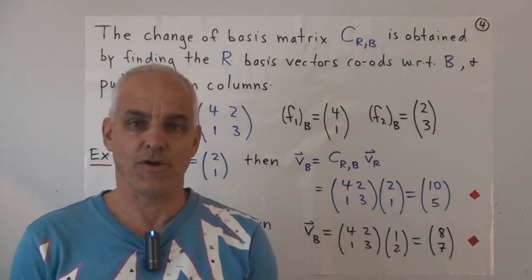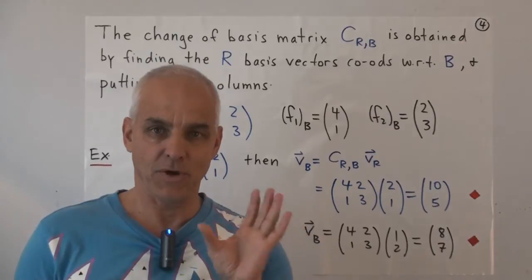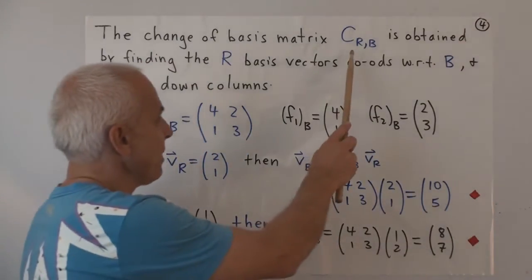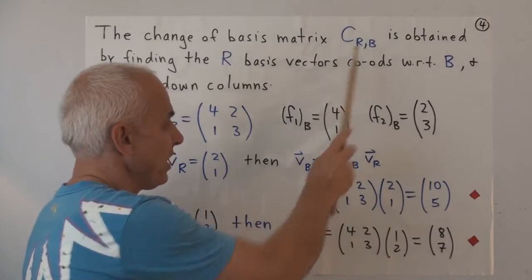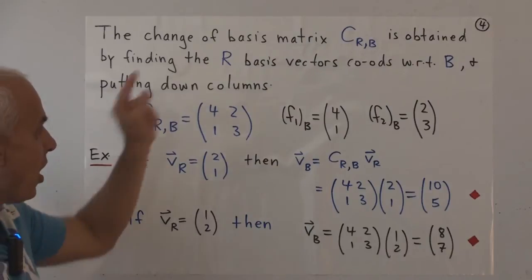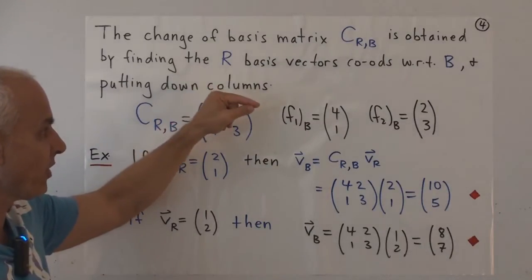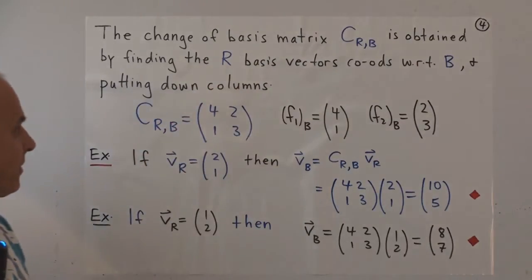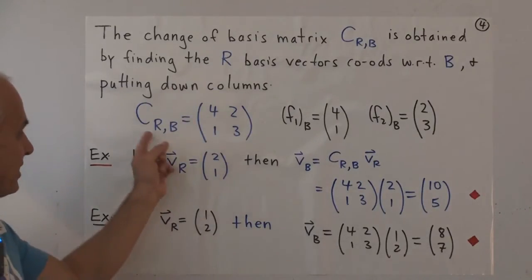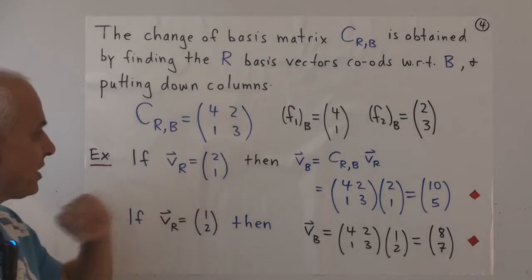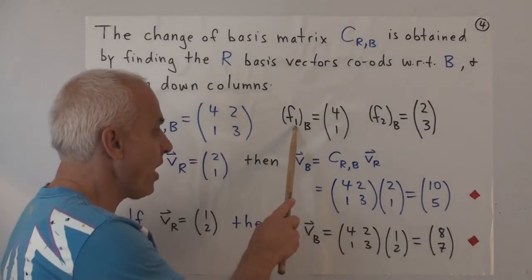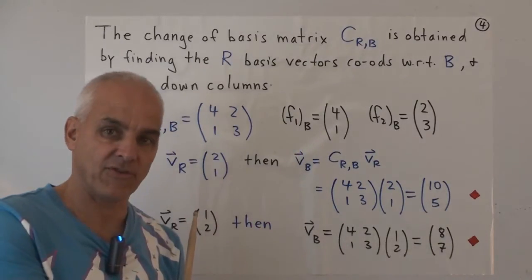And let's record also how we get one of these change of basis matrices. The change of basis matrix C_RB is obtained by finding the R basis vectors' coordinates with respect to B and putting those down the columns. So for example, C_RB, which was this matrix here, its first column was exactly what F1 was with respect to Bob's basis.